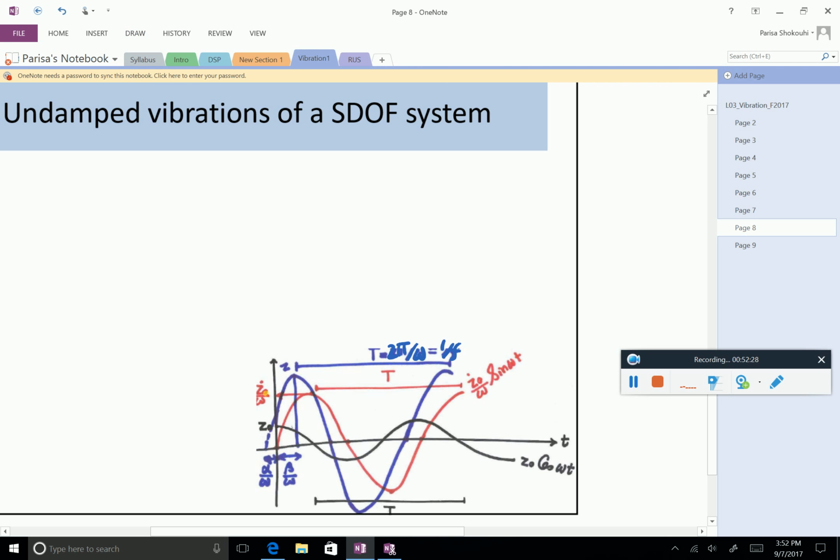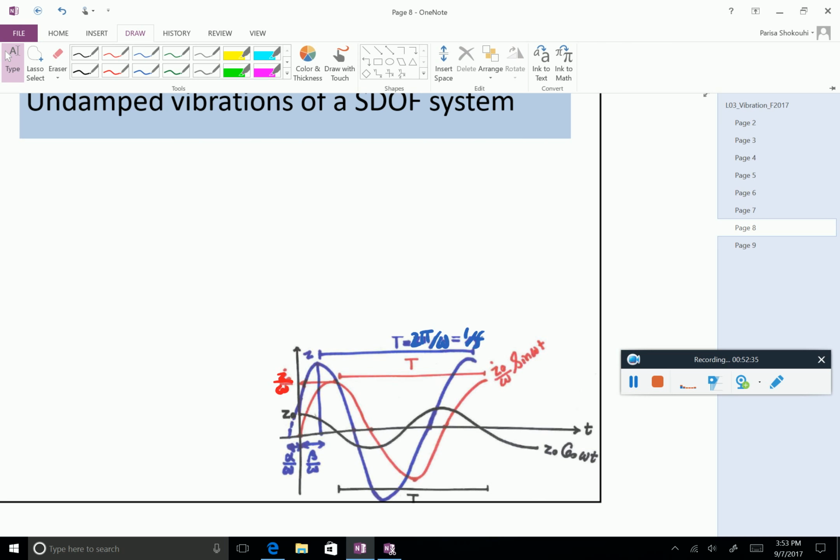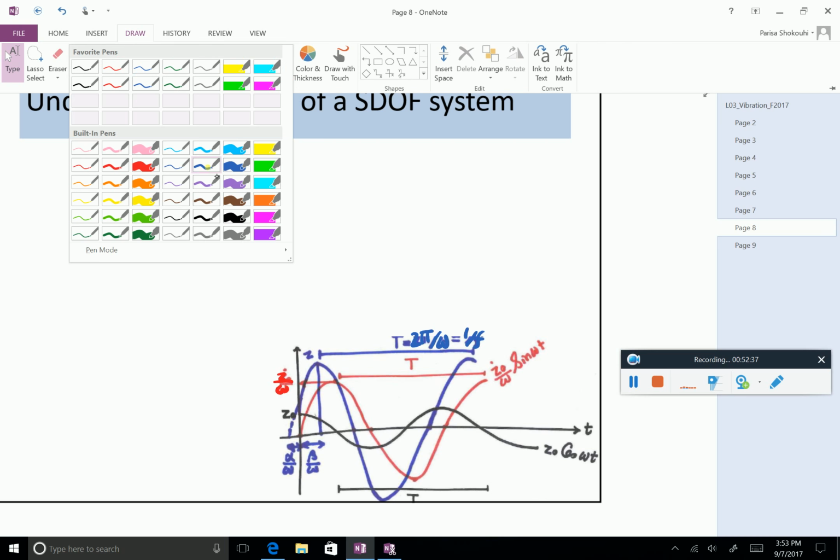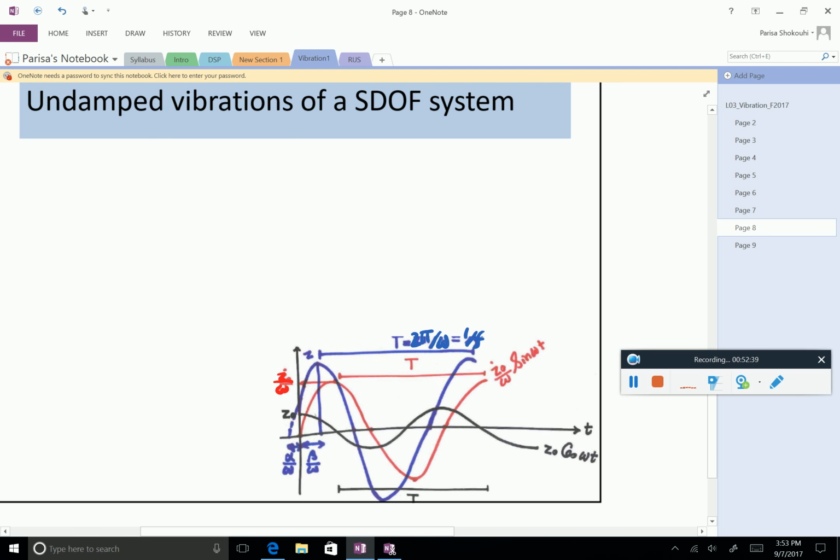Anyway, what I'm plotting here for you is basically this response. The blue curve is the response. So the response, we saw that it is A cosine omega t plus B sine omega t.